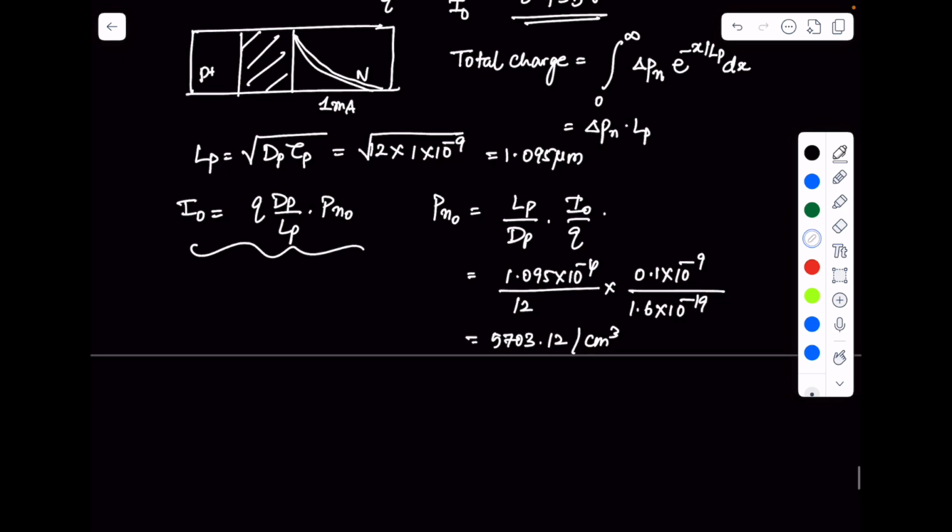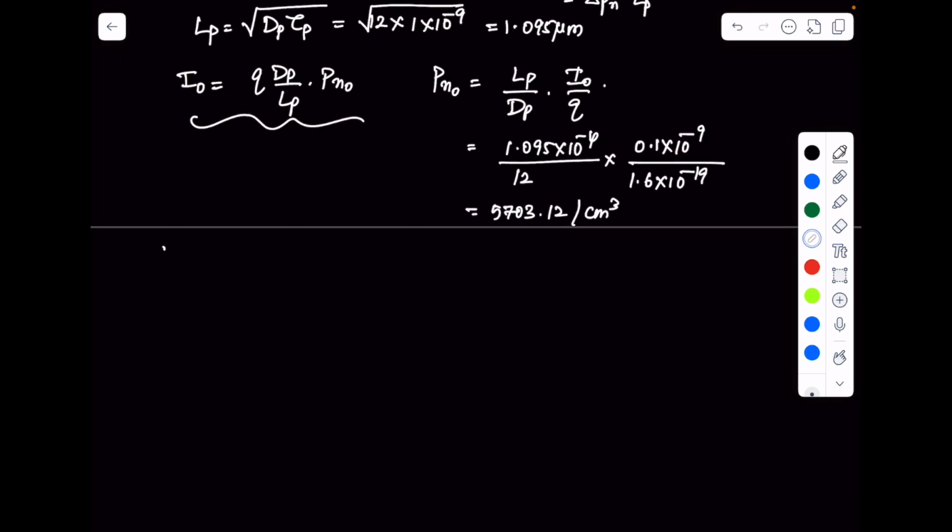So therefore, if I want to find what is the charge when 1 milliamp was flowing, that is going to be Q times delta Pn1 times Lp. Now what is this delta Pn1? That is going to be Pn naught exponent of... Remember, it's forward bias, right? So that extra charge is what is important.